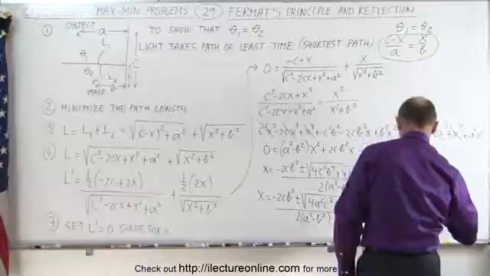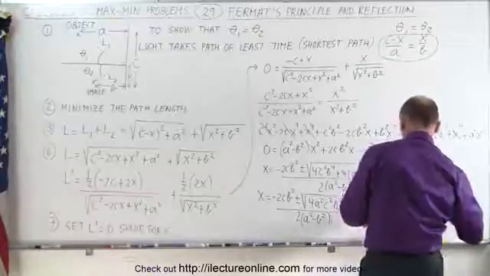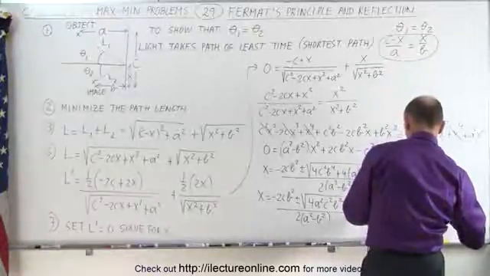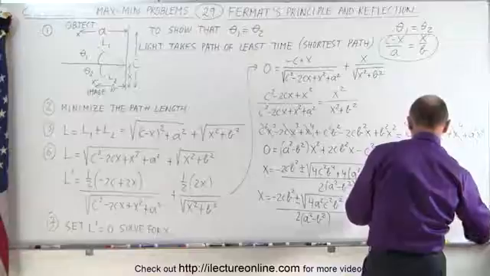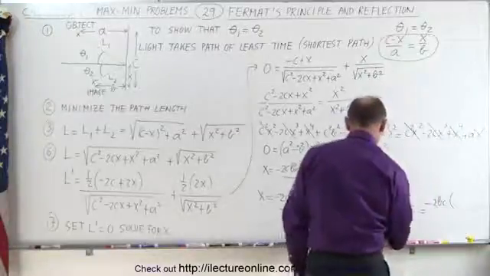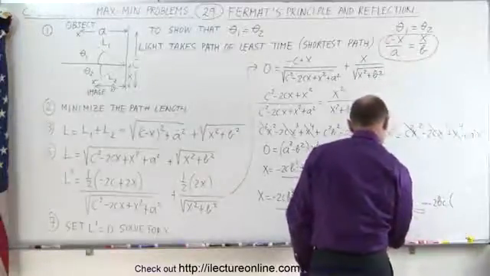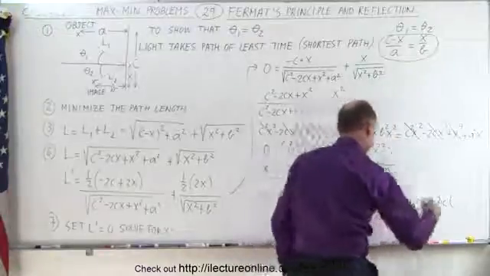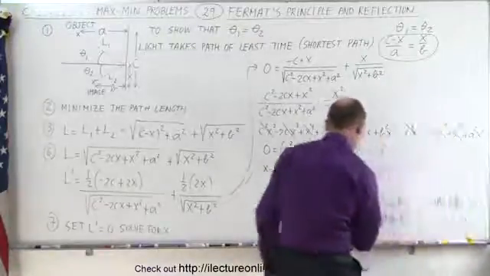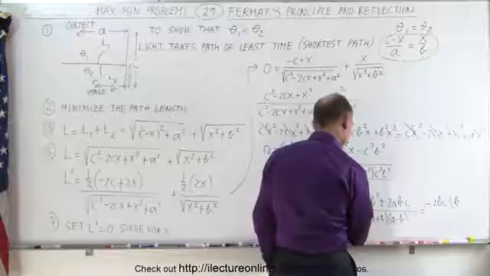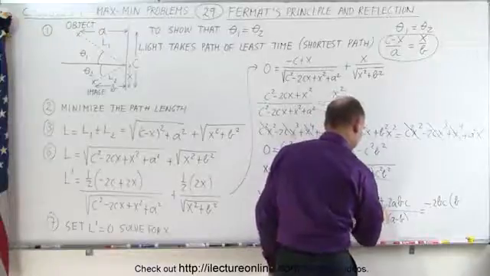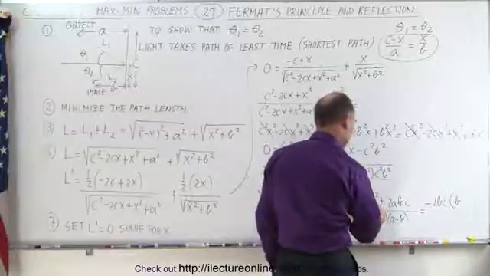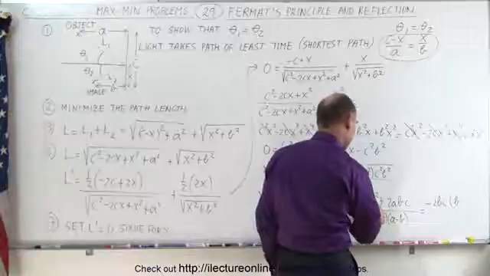So I'm going to factor out a negative 2, b, and c. And when I do that, I'm left with 2bc. I'm left with a b here. And I factor out the negative, and I have to get rid of this negative here, and so this becomes negative as well.